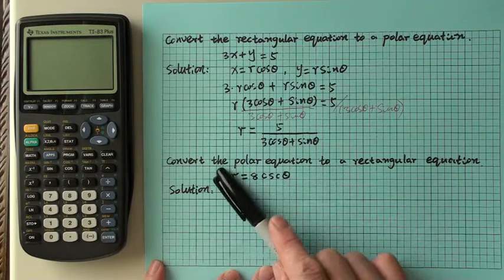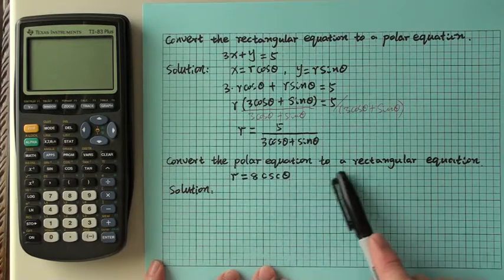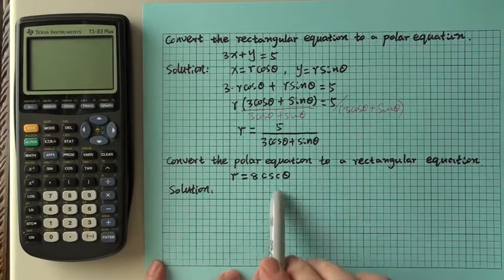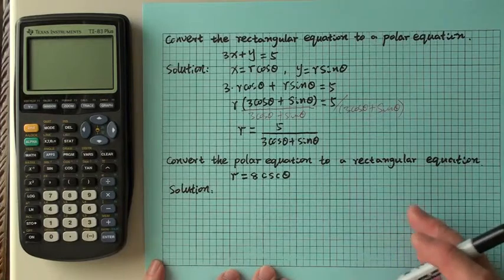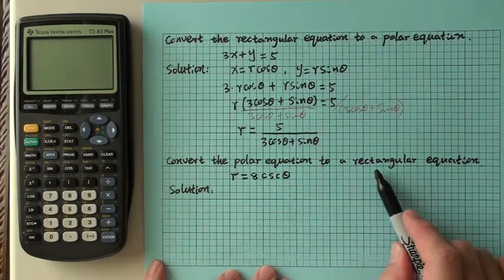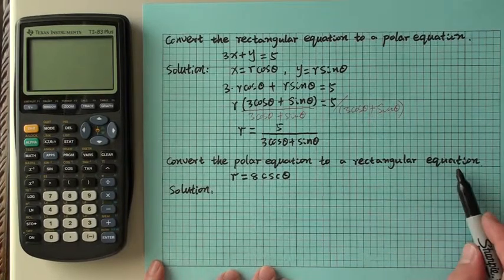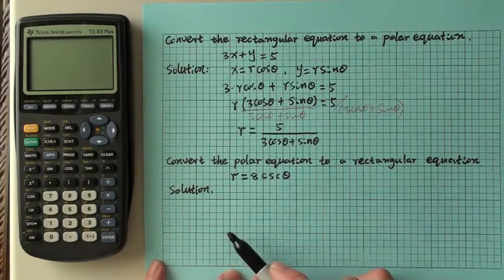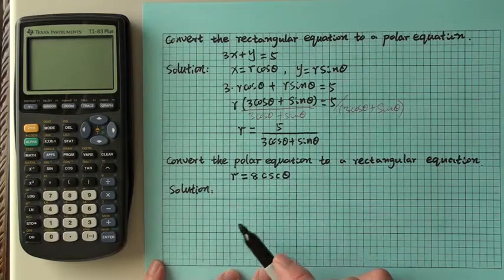Now, here we convert a polar equation to a rectangular equation. We have no idea how this graph looks, but once we convert to the rectangular equation, you then have an idea how the picture looks.